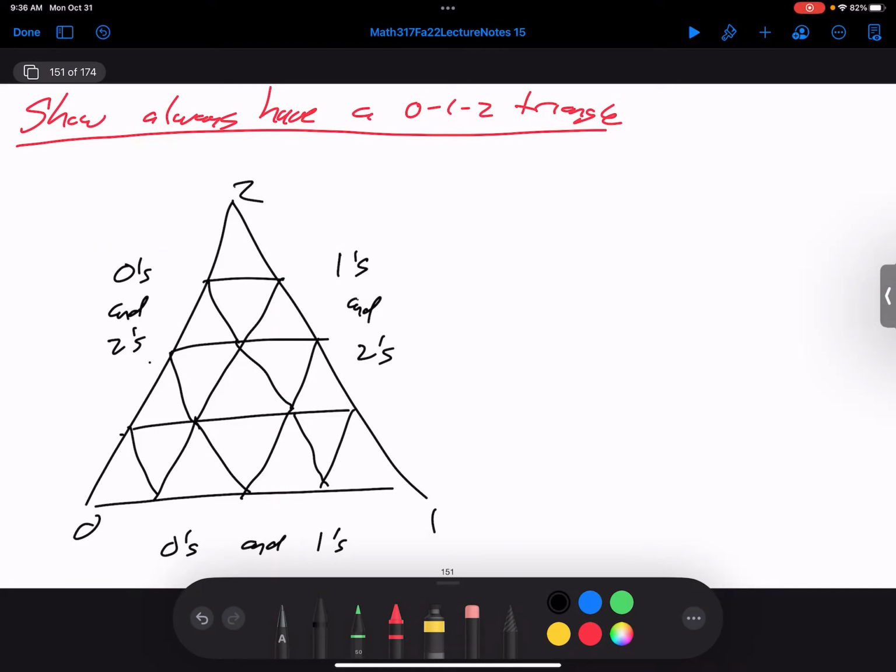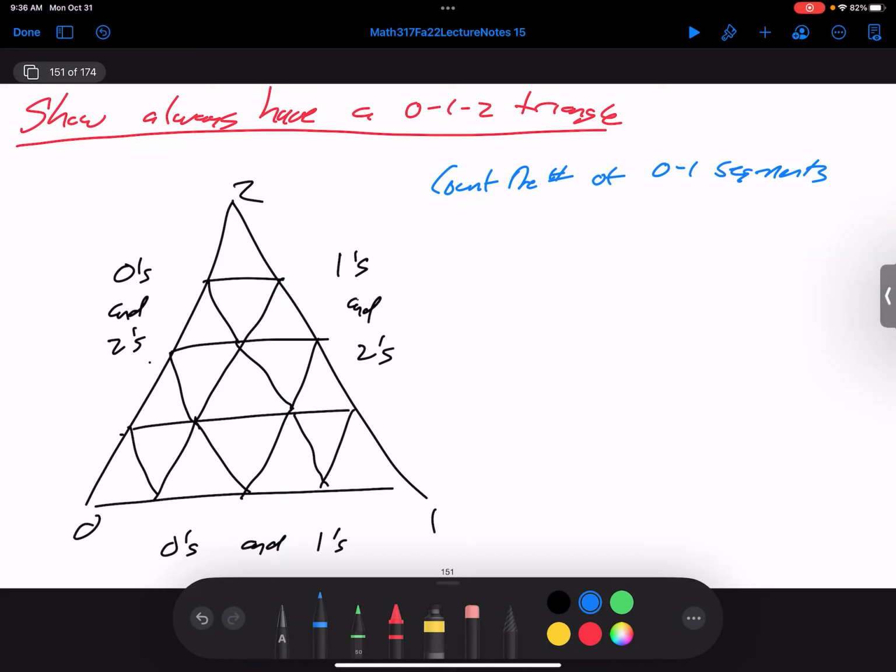So what we can do is let's count the number of 0, 1 segments. If you consider the perimeter of the triangle, what can you tell me about the number of 0, 1 segments on the perimeter of the triangle? Are there any on the 1, 2 side?